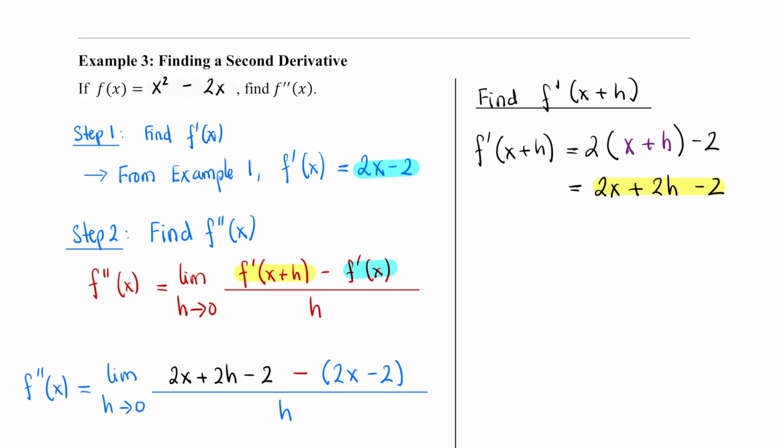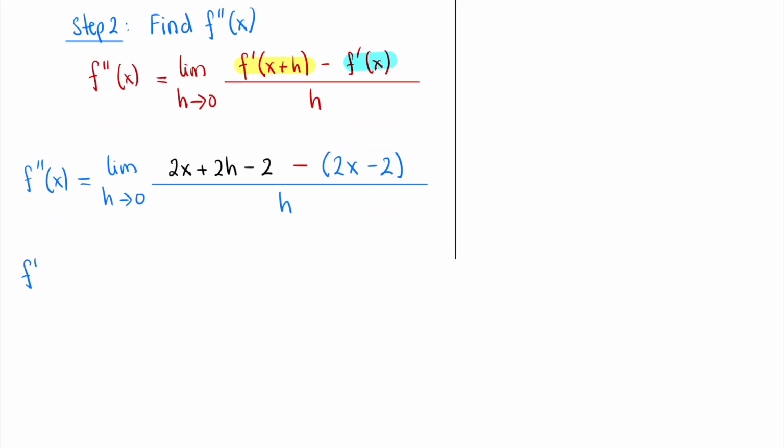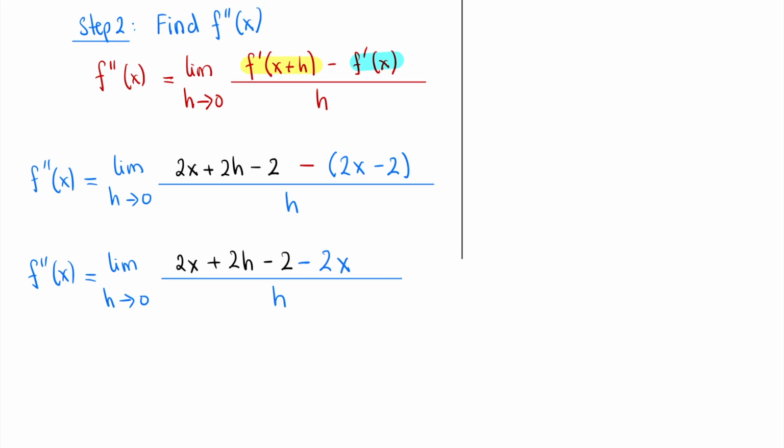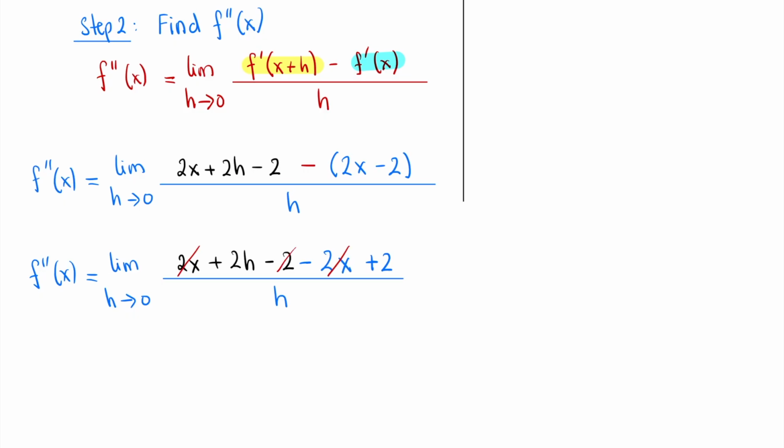Now, I need to distribute this negative sign. Negative of 2x minus 2 is negative 2x plus 2. Now, combining like terms, 2x minus 2x is 0, negative 2 plus 2 is 0, and I end up with 2h over h.